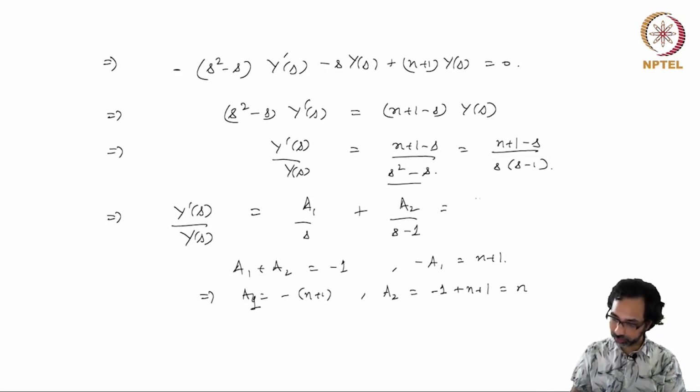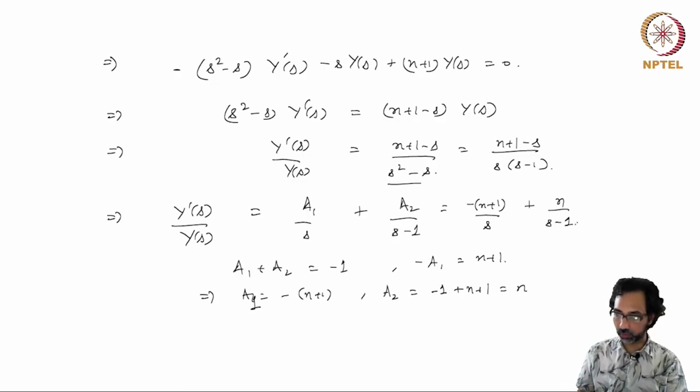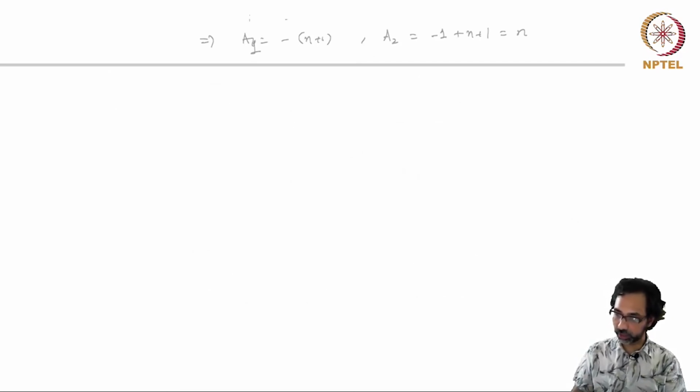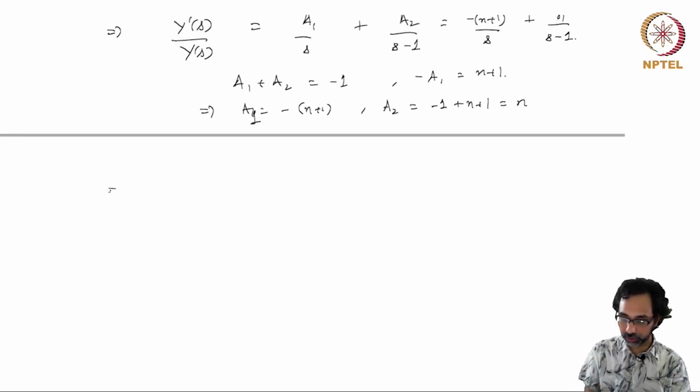So therefore we get minus (n plus 1) over s and then plus n over s minus 1. So we can solve this equation.